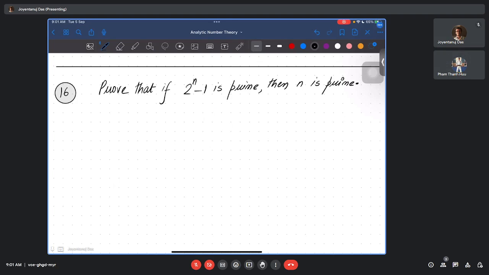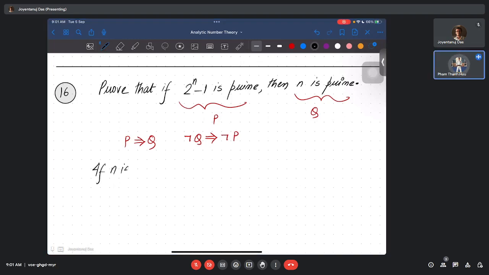So I think you can use the contrapositive. You know the contrapositive, right? Suppose this statement is P and this statement is Q. Here I have to show P implies Q, so the contrapositive is not Q implies not P. So if I assume that n is composite, then I have to show that 2 power n minus 1 is composite.